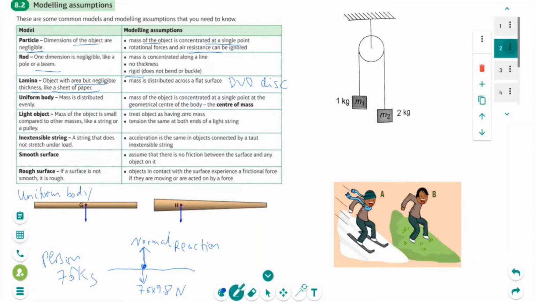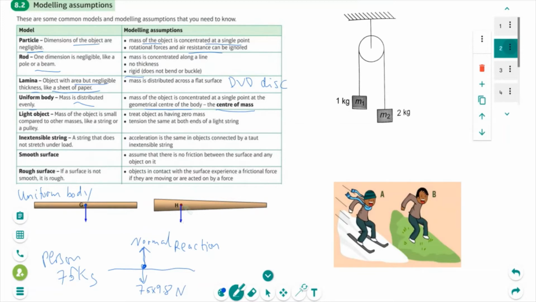When you have a uniform body, the mass is distributed evenly, and the center of mass is in the middle. So the center of mass is in the geometrical center. In this case, this point here is the center of mass. So the center of mass acts at the middle for a uniform body.